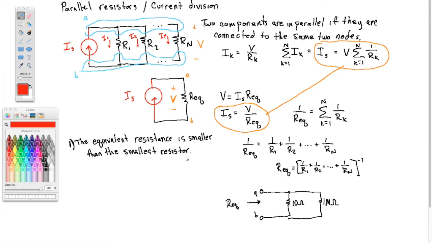Let's try to understand why. Let's get rid of that 1 mega ohm for right now. We'll come back to that. Let's say I connect a voltage source here and I have current flowing. If I have current flowing, then I have electrons moving. They're going through the wire and trying to get through that resistor.